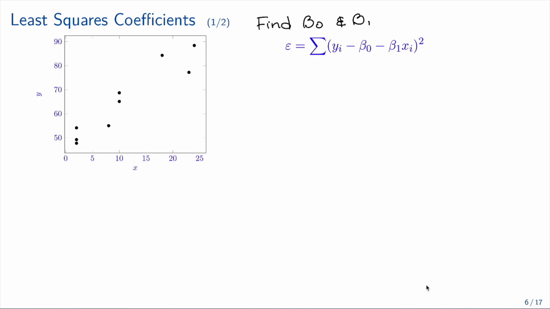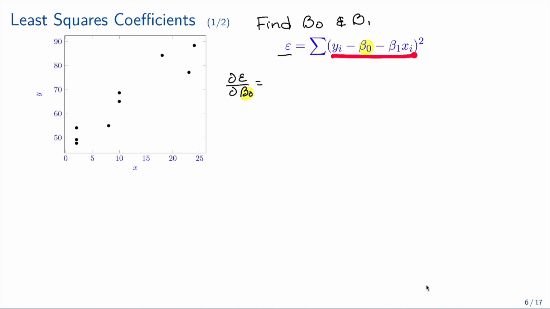Okay, let's find our optimum values for beta 0 and beta 1. What we have to do is derive the error and set it equal to 0, with respect to beta 0 and beta 1. In the first case, the derivative of the error with respect to beta 0 is, and let me highlight beta 0, the derivative of this sum, which is the sum of the derivatives.